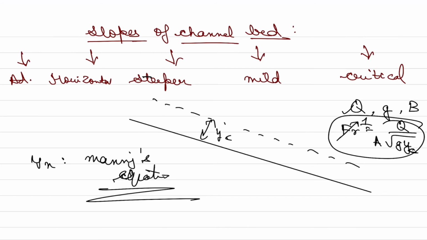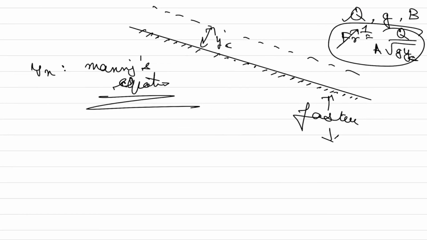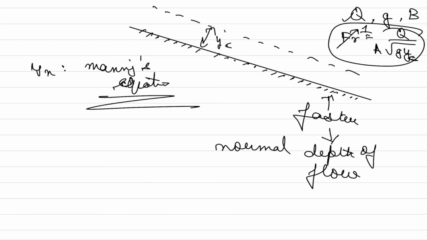So it is very clear that if this channel slope is steeper, then water would have tendency to flow faster. If water flows faster, that would mean that depth of flow, specifically normal depth of flow, is going to be lesser.